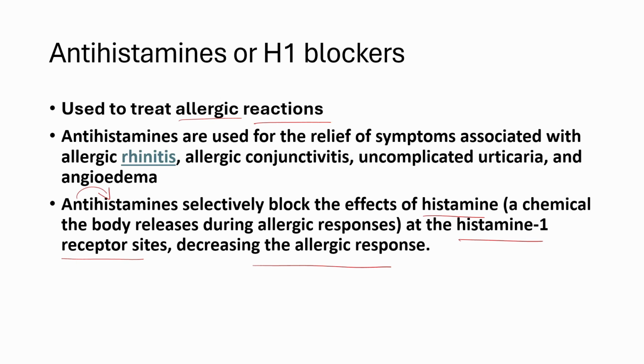They act as chemical messengers in our body, and are involved in different physiological processes like inflammation, immune response, etc. Histamine is an amine derived from amino acids, and it is responsible for causing the allergic responses. So antihistamines block the effect of histamines at H1 receptor sites.